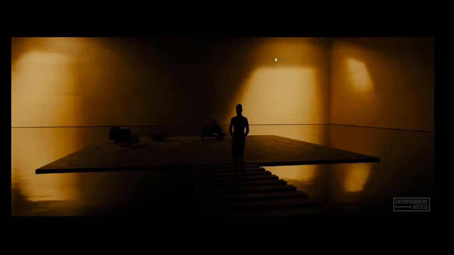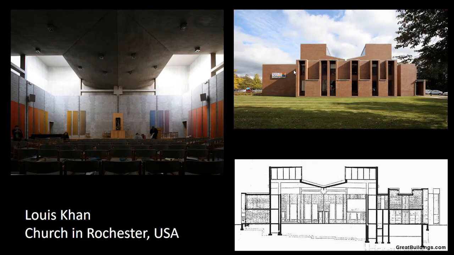Anyway, when I saw these references on the internet from the trailer, I saw this lighting and it made me think of another project by Louis Kahn in Rochester in North America. The interesting thing here is how the light source is hidden, due to the way the light comes in through this glazing and bounces on the wall, and you don't see the opening. So it made me think of that.